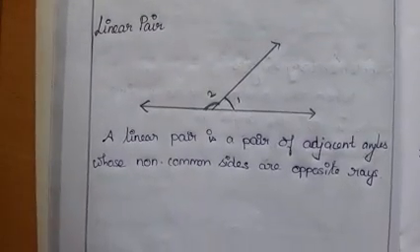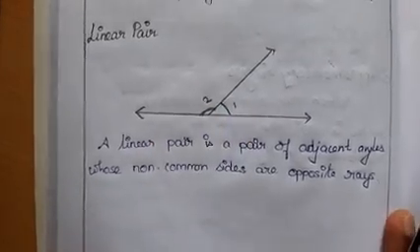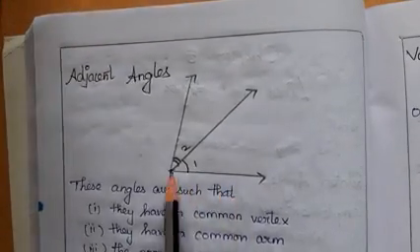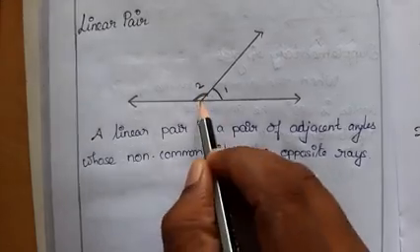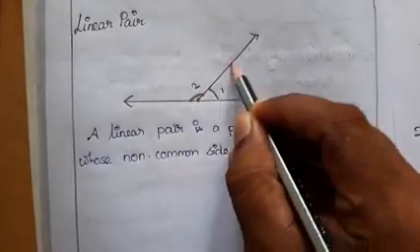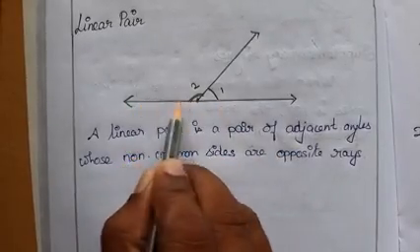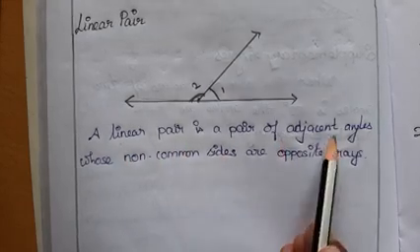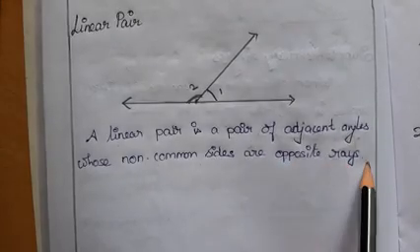Here we go for the linear pair. It is just like adjacent angles, but the non-common arms are on opposite sides. You can see these are the non-common arms. It has the same common vertex and common arm for angle 1 and angle 2, but the non-common arms are on opposite sides. So a linear pair is a pair of adjacent angles whose non-common sides are opposite rays.